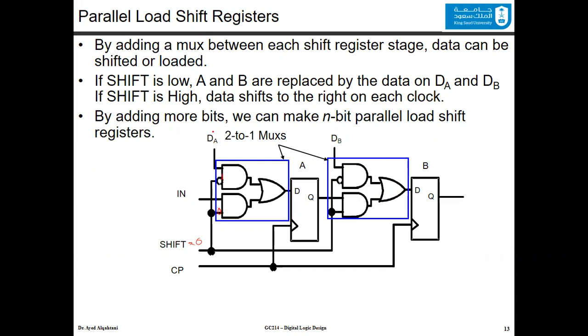So the input DA will be inserted inside this flip-flop, and at the same clock cycle, DB will be inserted and saved inside this flip-flop. Now, if you add more bits, we can make an n-bit parallel load shift register. This one is only 2 bits.